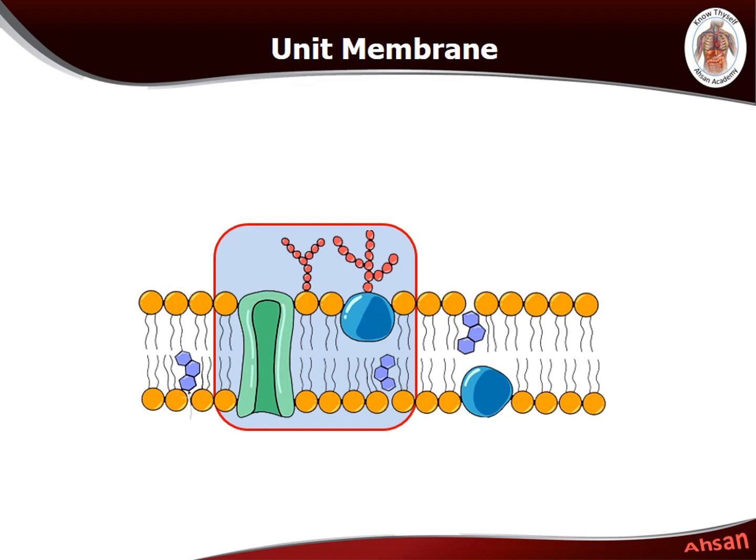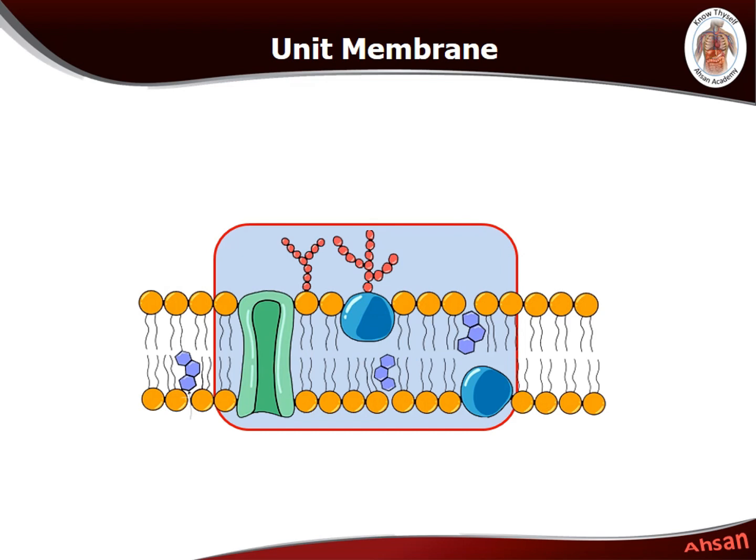Seeing this smallest portion, one may have the misconception that protein, that is peripheral protein, lies on the external surface only, like carbohydrate. So this should not be the unit membrane. It should be enlarged so that the peripheral protein lying on the other surface is also included.